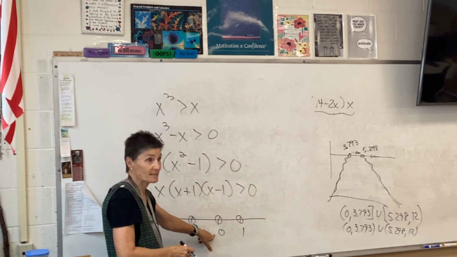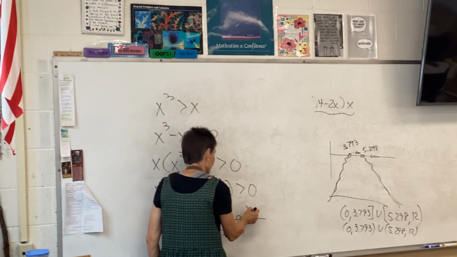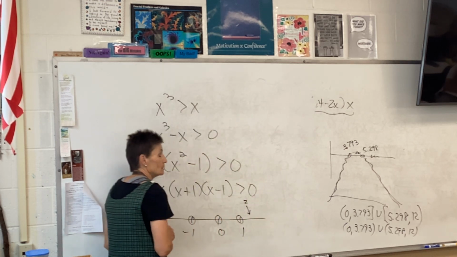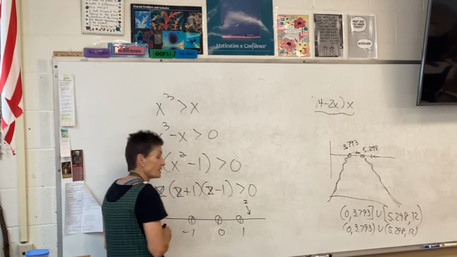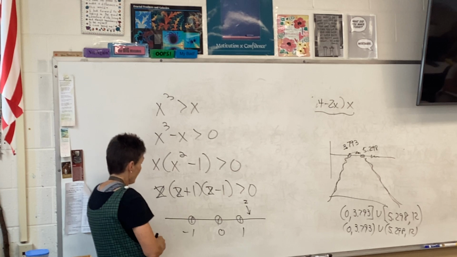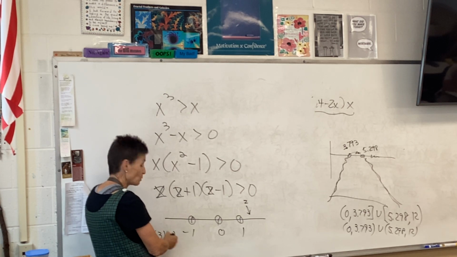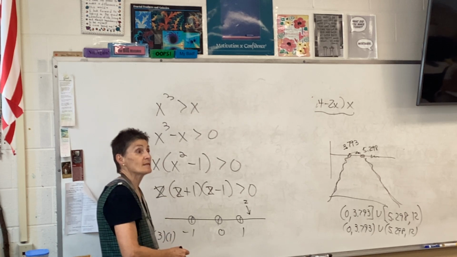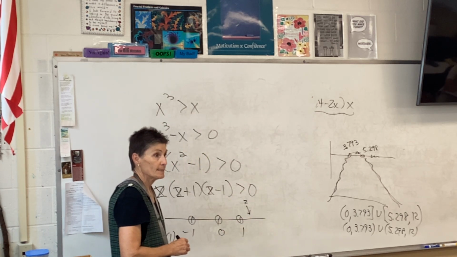I can't pick a number that's a dot. 2, so I'll pick 2. So if I put 2 in for all of the x's, I'm going to get 2 times 3 times 1, which is 6. Is 6 greater than 0? Yep.